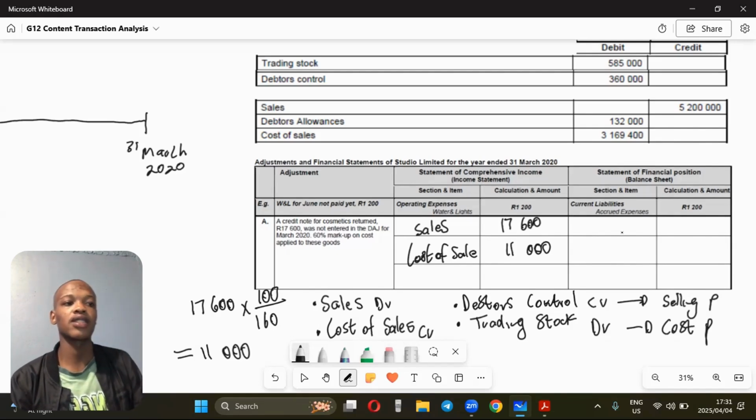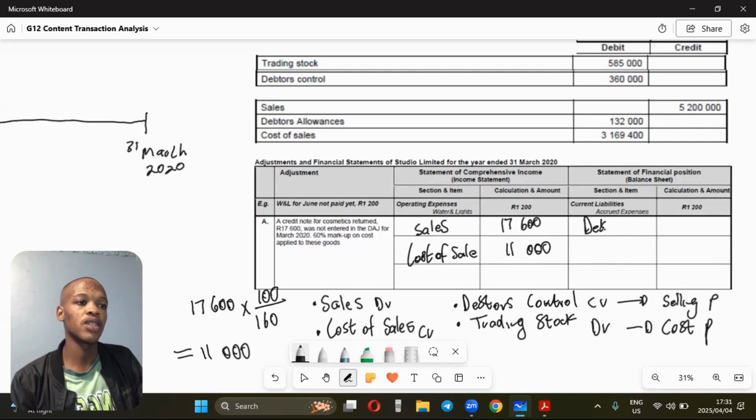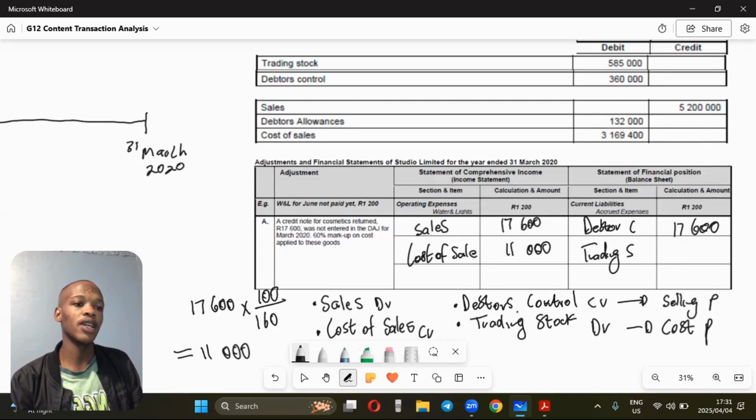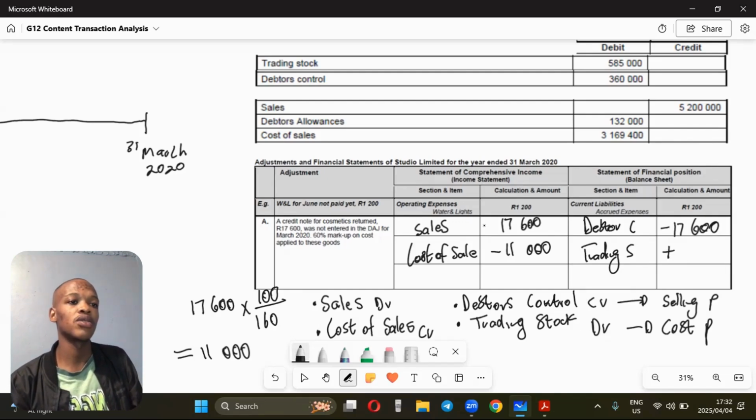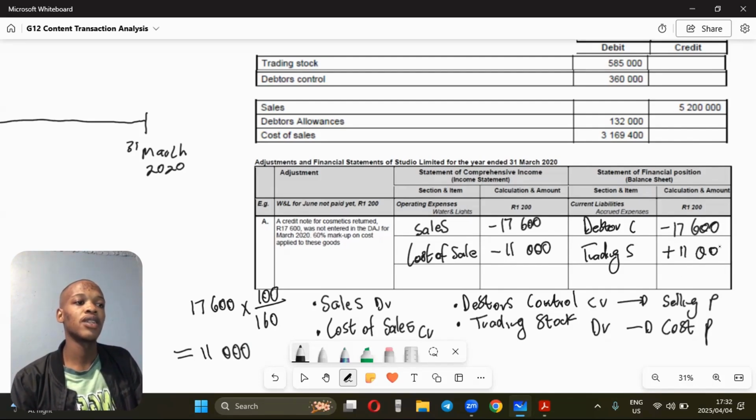Debtors control is the same as sales, and you are going to be subtracting it. Trading stock you are going to be adding, worth 11,000 at cost.